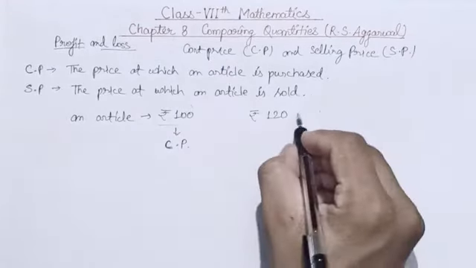Again, students, it is clear that if you purchase an article for rupees 100 and sell it for rupees 120, then there is a profit. You earn a profit of rupees 20.